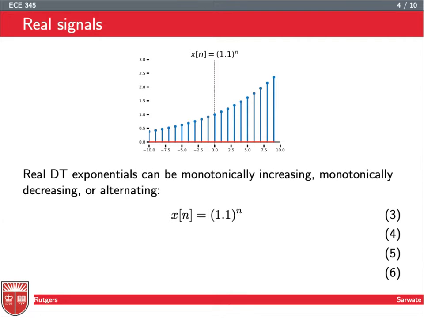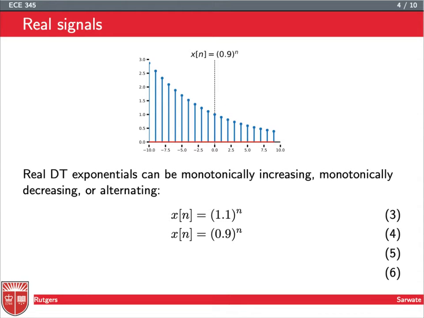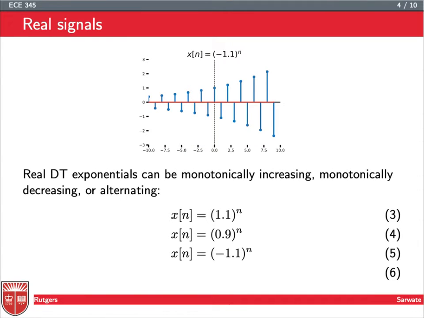So focusing on the real case where c and alpha are real, we can have monotonically increasing, monotonically decreasing, or alternating exponentials. So here we have something that's increasing, it's slightly bigger than 1, 1.1 to the n. And then we have something decaying, which is 0.9 to the n. And then we have things which are alternating. So we have minus 1.1 to the n.